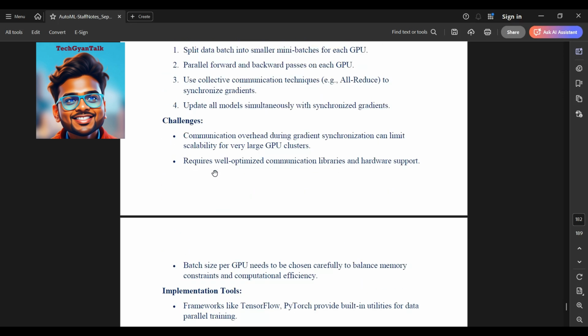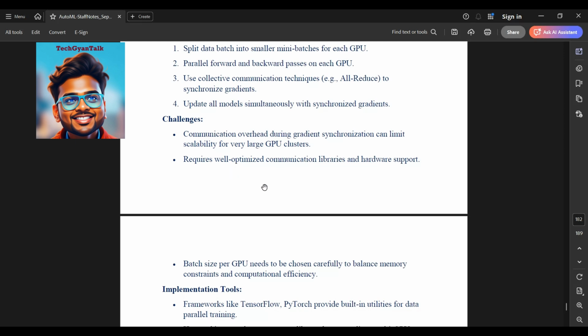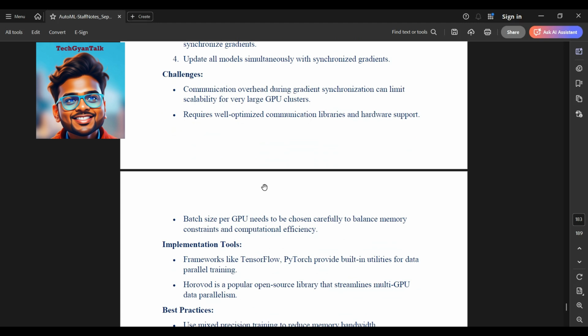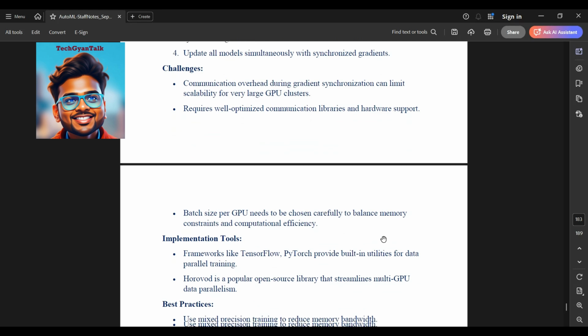Challenges include communication overhead during gradient synchronization, which can limit scalability for very large GPU clusters and requires well optimized communication libraries and hardware support. Batch size per GPU needs to be chosen carefully to balance memory constraints and computational efficiency.